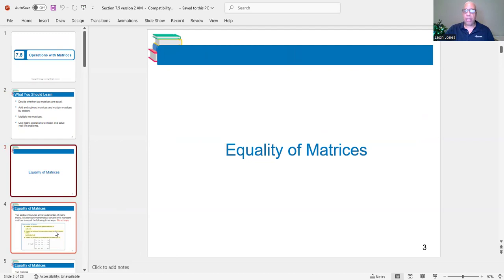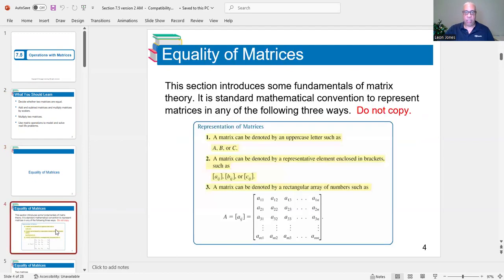Now we deal with the equality of matrices. This section of the presentation is going to introduce some fundamentals of matrix theory, the standard mathematical convention to represent matrices in one of the following ways. Now, the representation of a matrix.